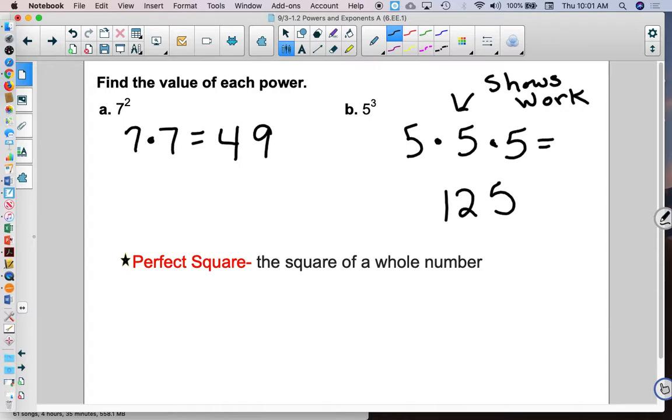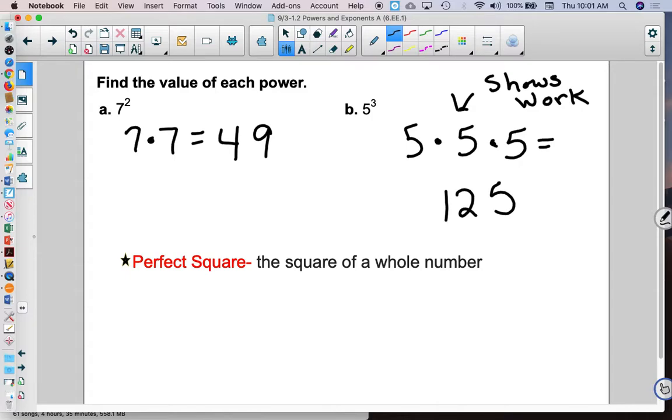All right. Little reminder, perfect square. Now, which one of these two, A or B, has an answer that is a perfect square? Raise your hand. We don't blurt. Malia, 49.